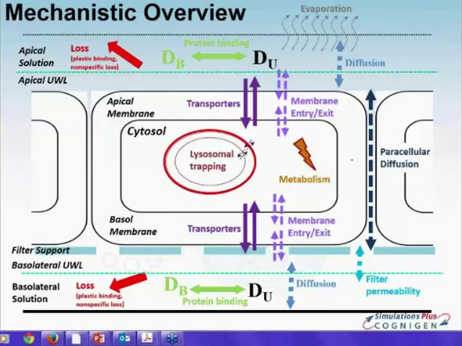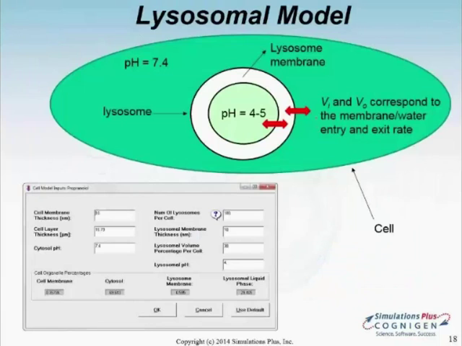As you know, this is an aspect especially for basic compounds, which due to the differential in pH in the cell cytosol and inside the lysosomes may cause the ionized drug to get trapped inside the lysosomes and affect not only the distribution of the compound but also the apparent measured permeability, slowing down the appearance of the compound in the receiver compartment.